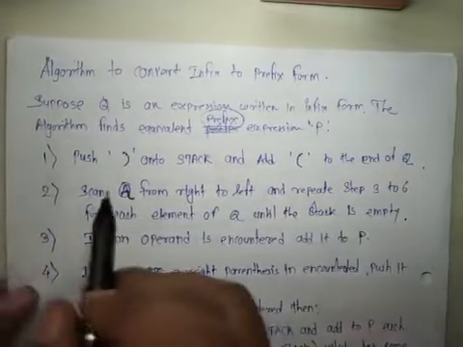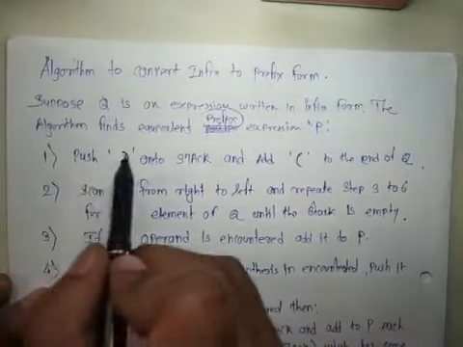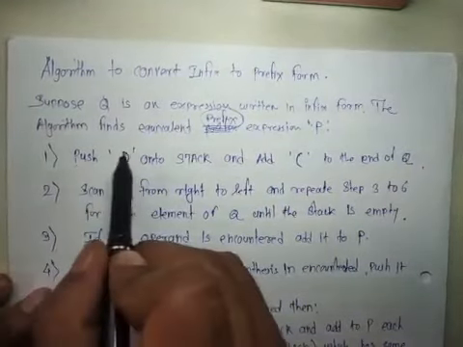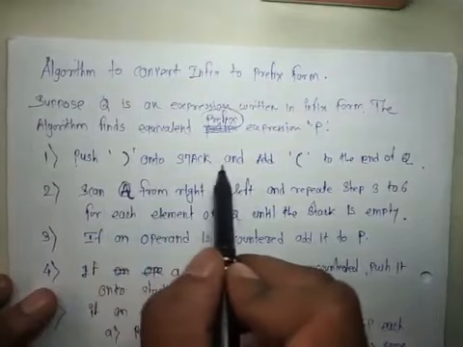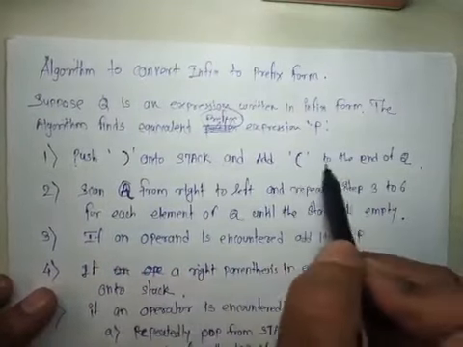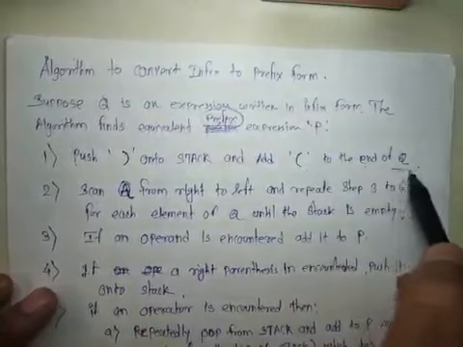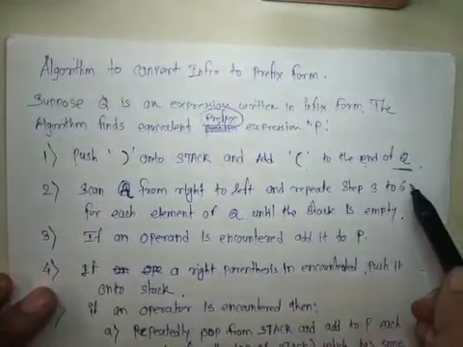We have some basic steps that we are going to repeat. So push closing parenthesis onto the stack and add opening parenthesis at the end of Q. Q is what? Your infix expression.